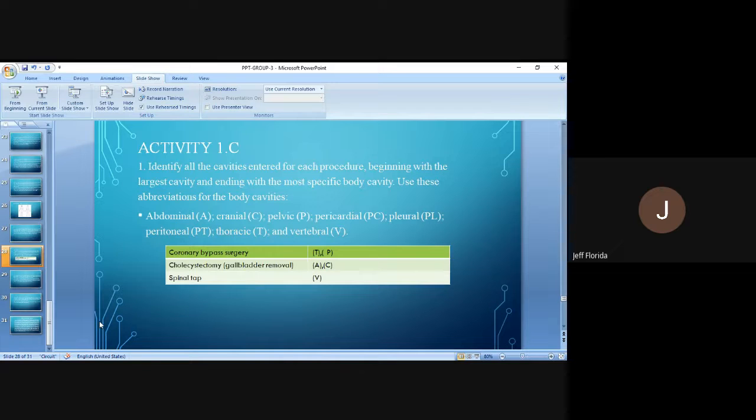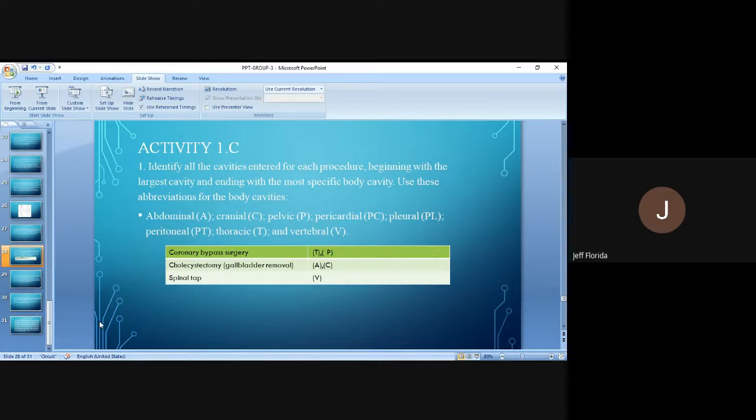The peritoneal cavity contains the stomach, spleen, liver, first and fourth parts of the duodenum, jejunum, ileum, transverse, and sigmoid colon.